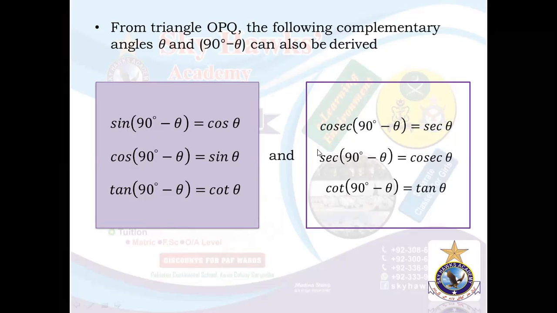In this way, secant becomes cosecant, cosecant becomes secant, cot becomes tangent.